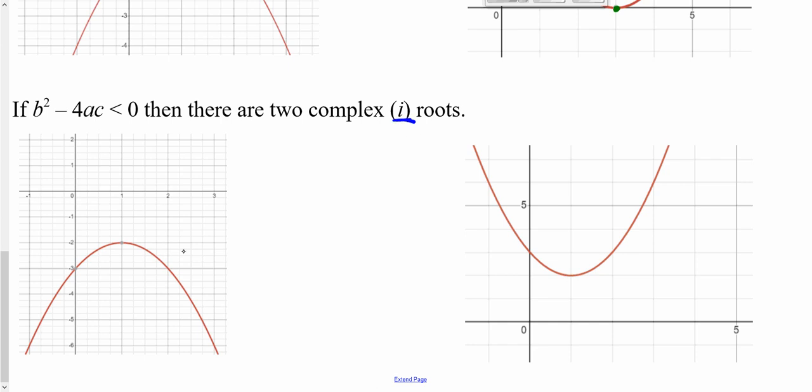So if your parabola is always below or always above, you get i's. That means your discriminant is negative, because you'd have the square root of a negative, and remember the square root of a negative gives you an i with some other stuff. So your discriminant tells you all this information, the types of roots that you should be getting.